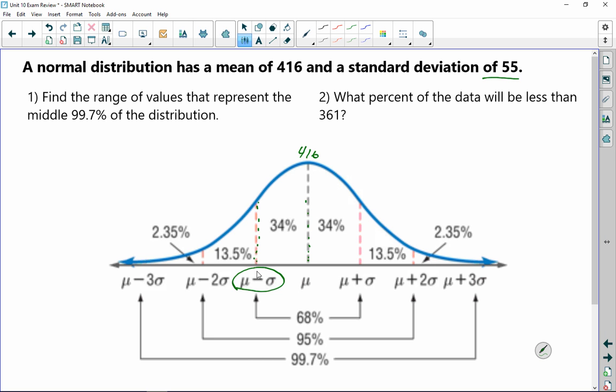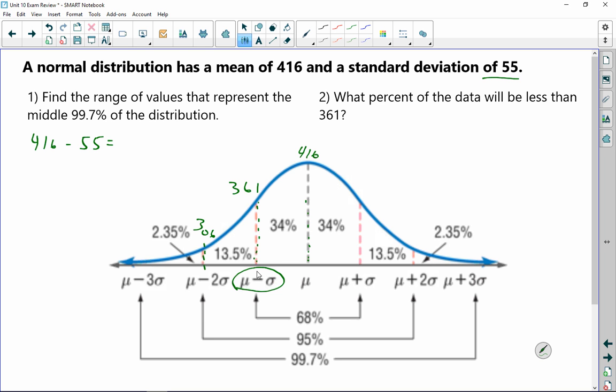So all I have to do is take 416 and subtract 55, which gives me what? 361. Then what's the next line? Okay, now is there another line?